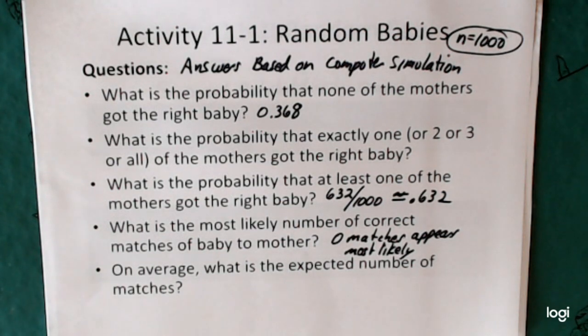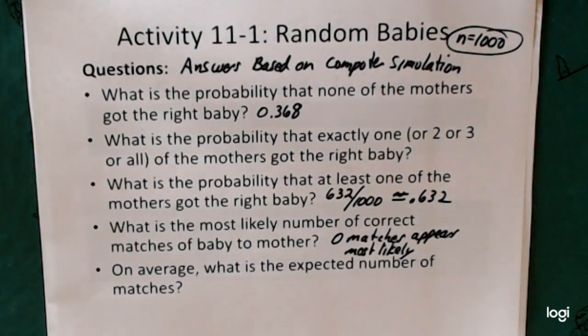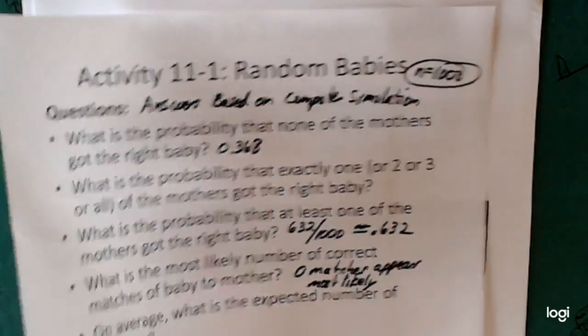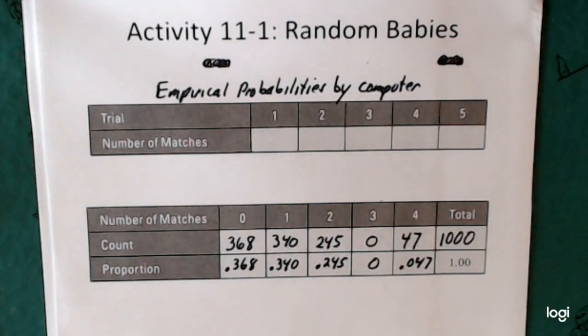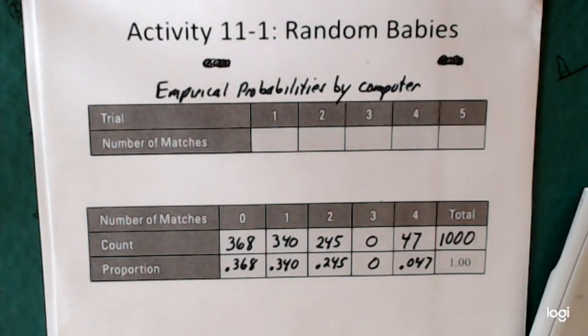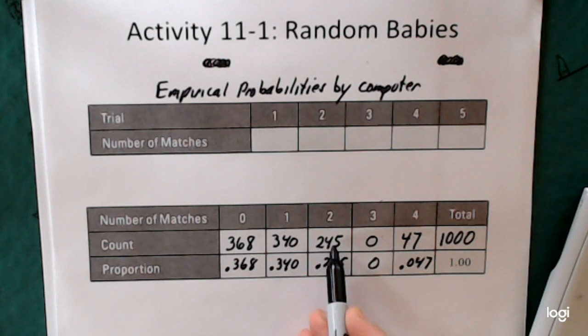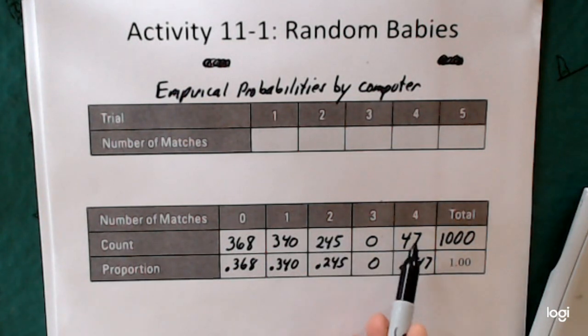All right, and the last question: on average, what's the expected number of matches? That one might take a little bit of calculation. Well, think about it. 368 times we got 0 matches, 340 times we got 1 match, 245 times we got 2 matches, and 47 times we got 4 matches.